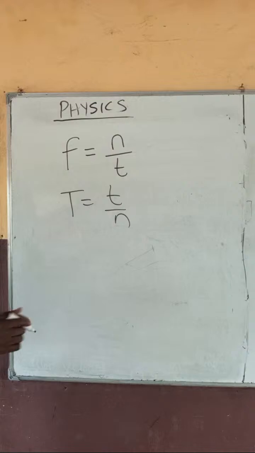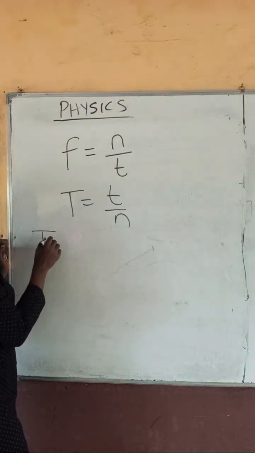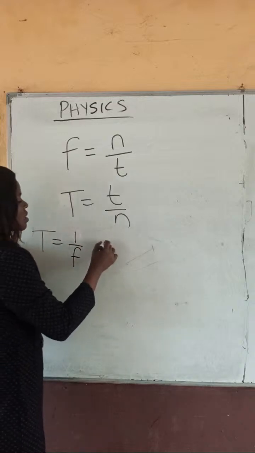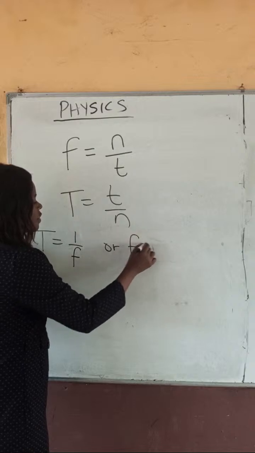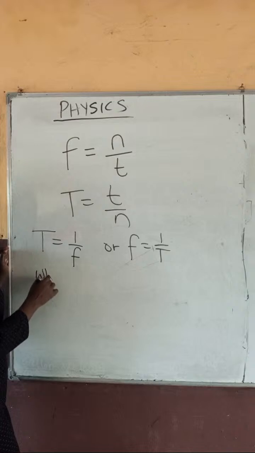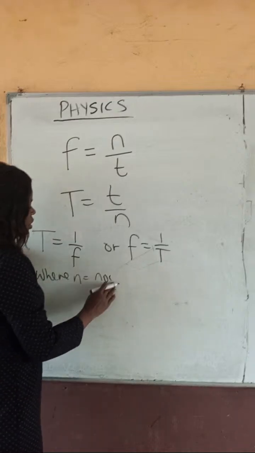So they are inversely proportional. That means the period is equal to 1 over frequency, or the frequency is equal to 1 over period.